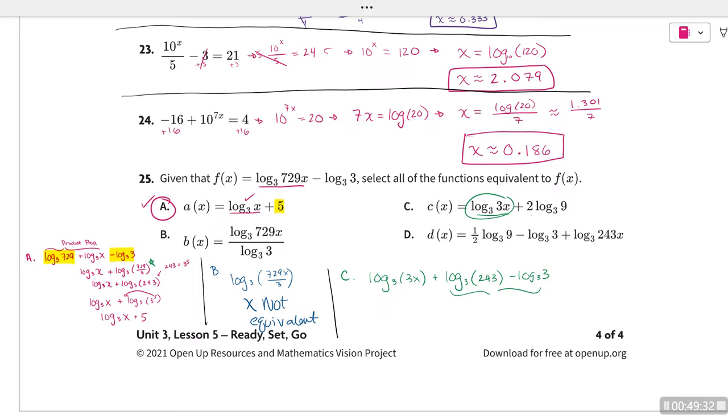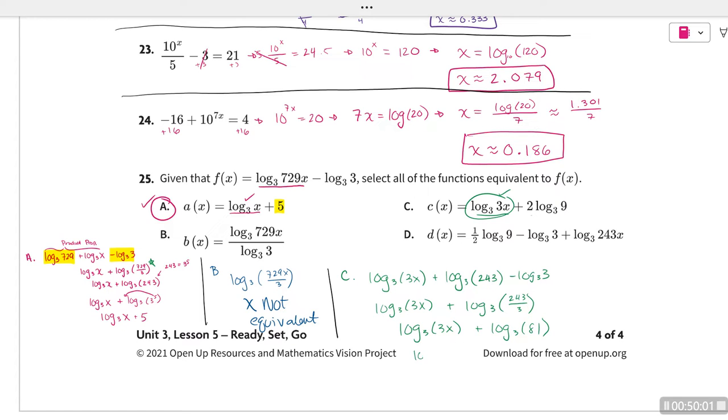So now let's think of how we can combine these. This gives us log base 3 of 3x, so that part is checked out so far, plus log base 3, I can use the quotient rule, 243 divided by 3 here. Well, 243 divided by 3 gives us 81. So log base 3 of 3x plus log base 3 of 81.